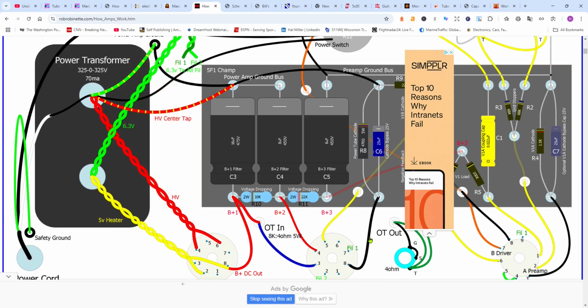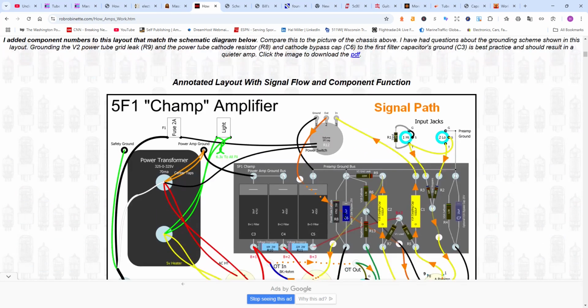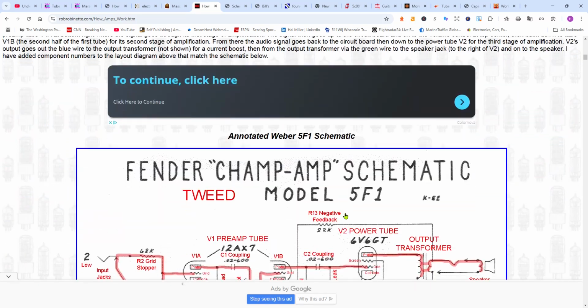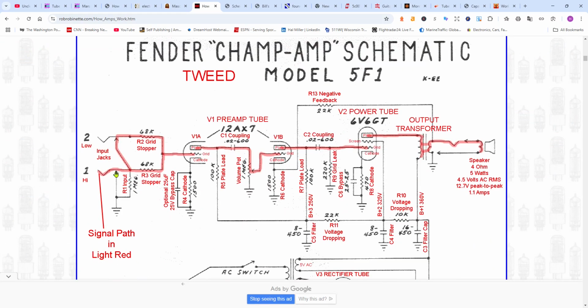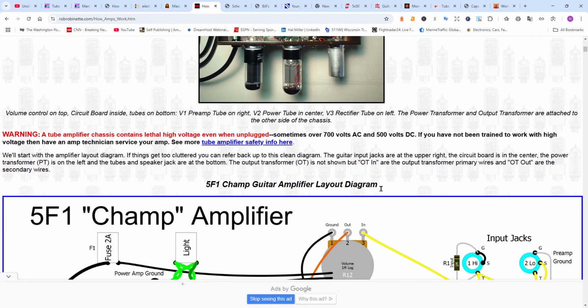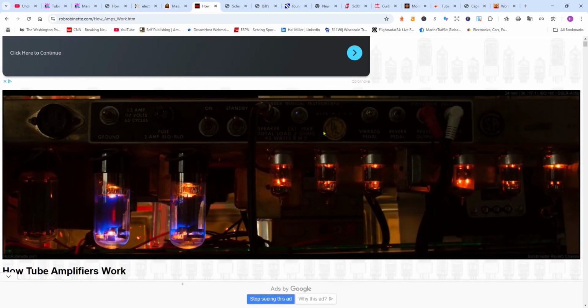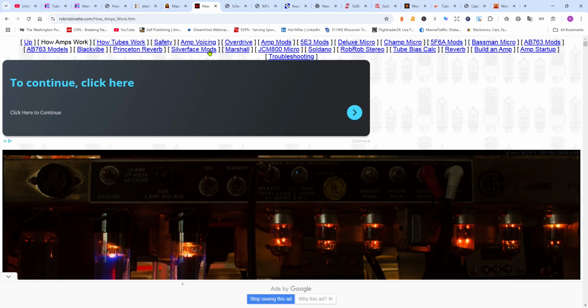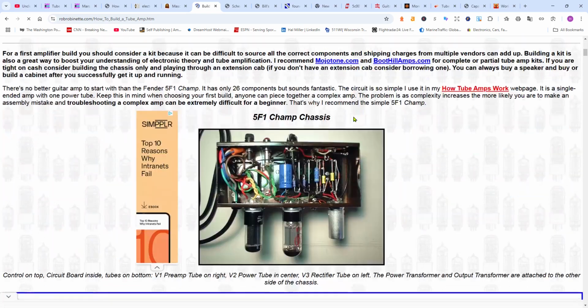Show me a picture and how it works. Also, there you go. This is how the signal travels through a Champ, for instance. And for the people who want to do load lines and stuff like that, there's also that information in here. He's got mods of different amps, how to build an amp, where to start.